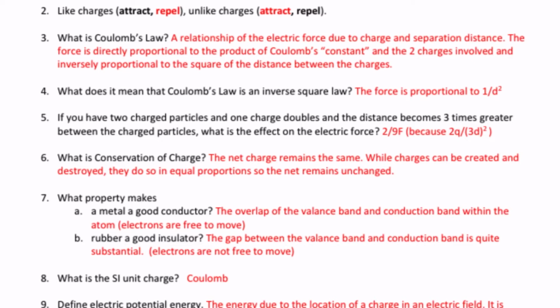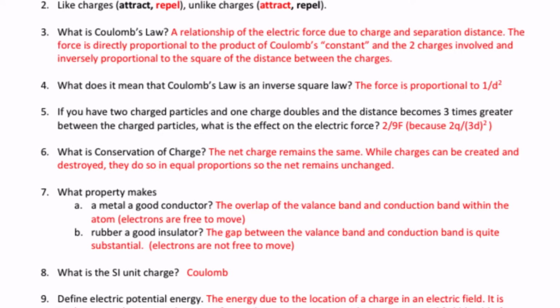That makes sense because the electric force is due to the charges, Q1 and Q2, on top, divided by the distance squared, which is the separation distance. And the next sentence just describes the proportions and the relationship between the force and the charges and the distance. That's basically the whole law.